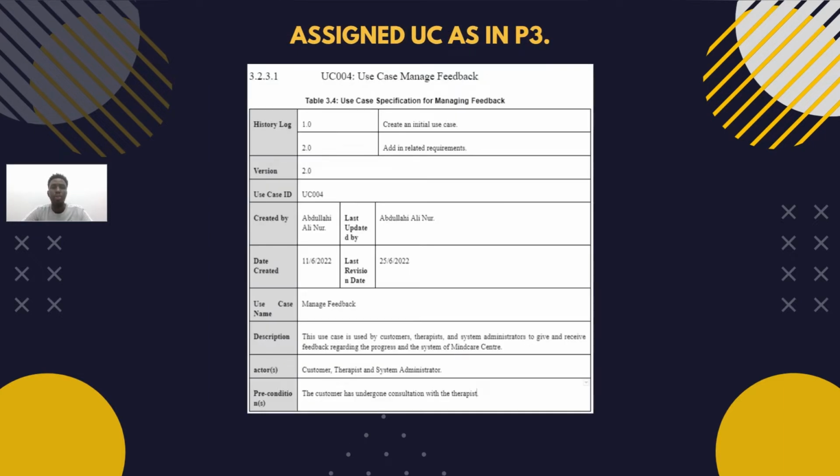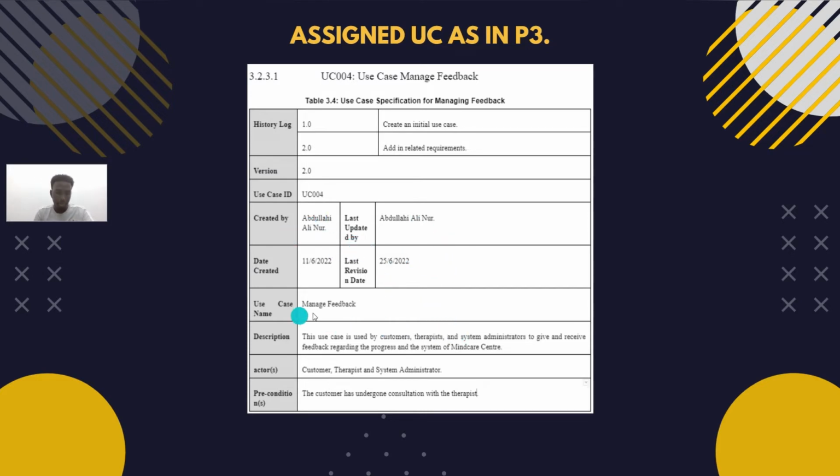Now, this assigned use case in phase 3 is the history log, and therefore in the history log we have created the initial use case, and added the related requirement. The use case ID is use case 4. This is the use case that I created. As you can see on the screen, the name of the creator is mine.